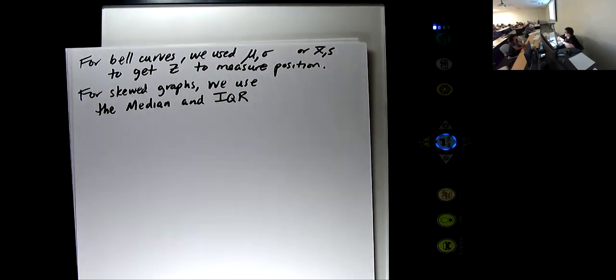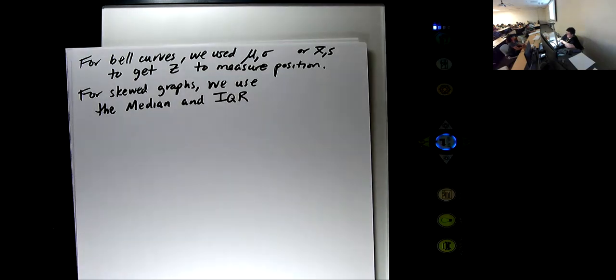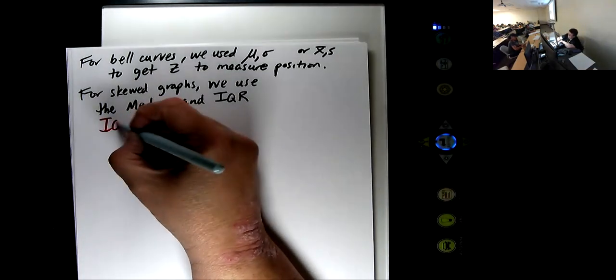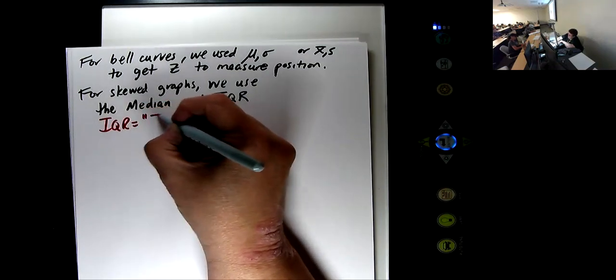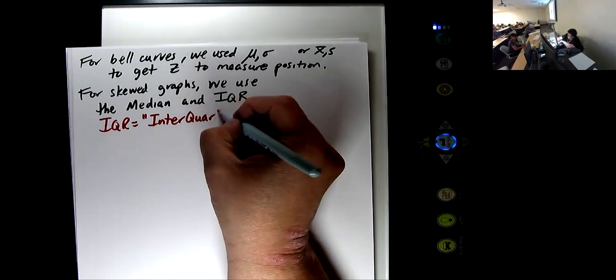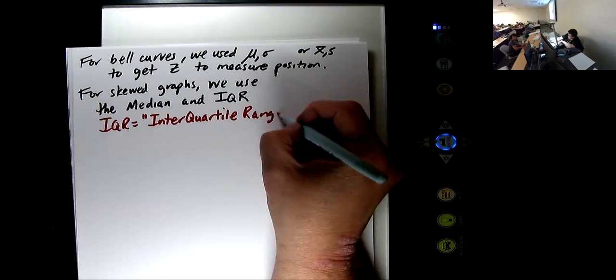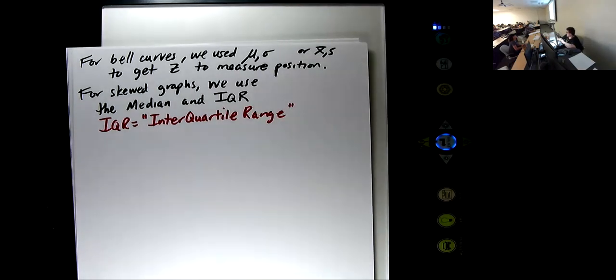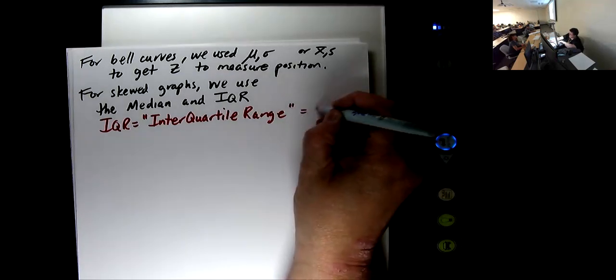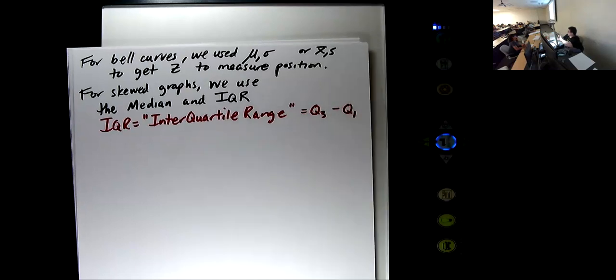IQR stands for interquartile range, and it's a number. It's calculated by taking Q3's value and subtracting Q1's value.